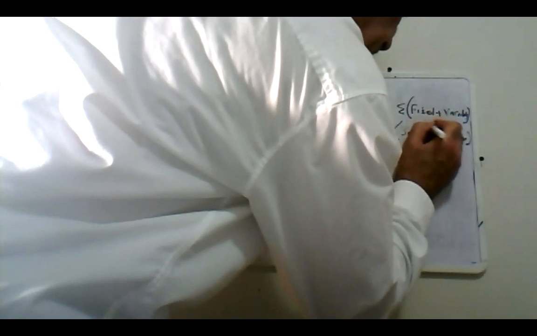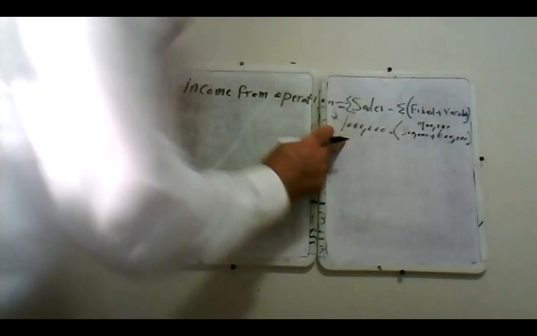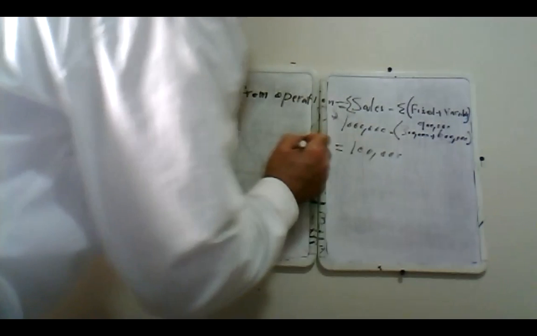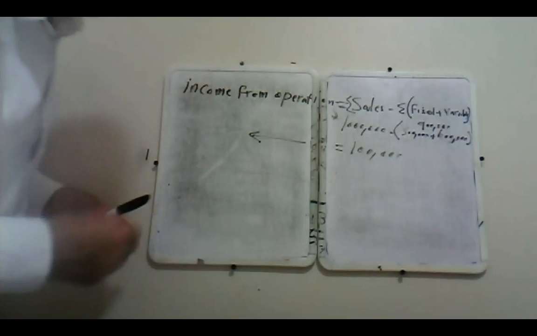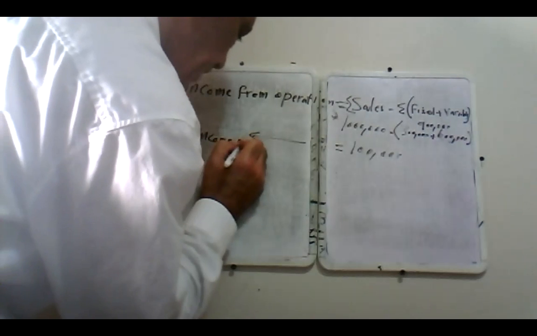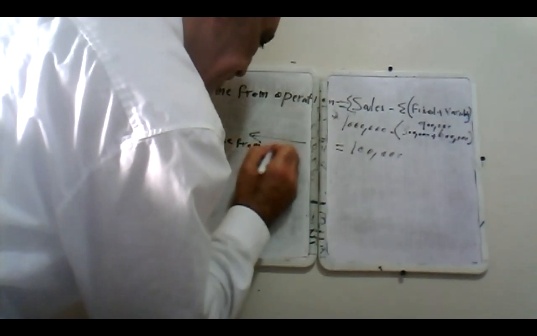All of them will come to $900,000 out of 1 million. That will give me $100,000. I call it income from operations.